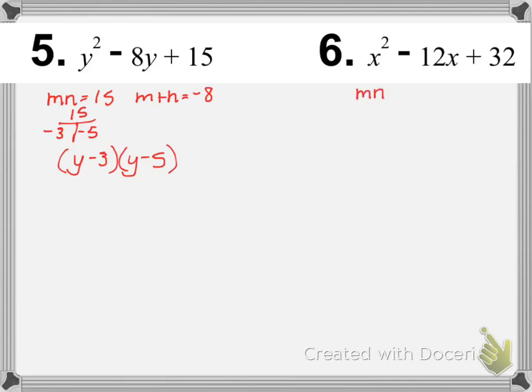Next, magic numbers multiplied equals 32, added equals -12. I know that 4 and 8, if I add those together, equal 12. Since the magic number multiplied is positive, they're either both positive or both negative. In this case, it's both negative. So now I've got x minus 4, x minus 8.